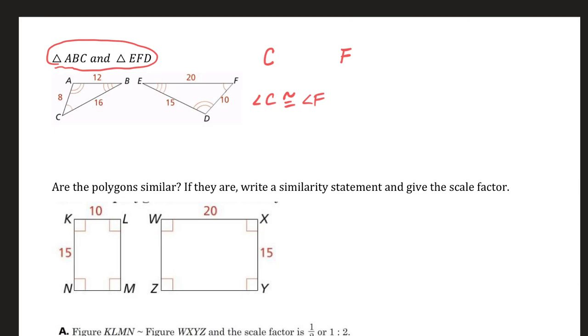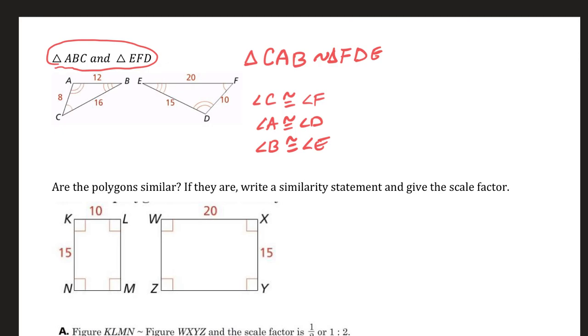We also know that A is corresponding with D. So we have angle A is congruent to angle D. And then the last one, we have angle B is congruent to angle E. So I'm going to write B, then that symbol, and then E. And we're checking if triangle CAB is similar to triangle FDE.